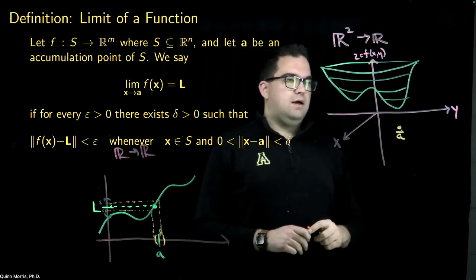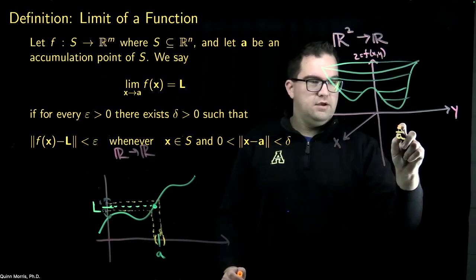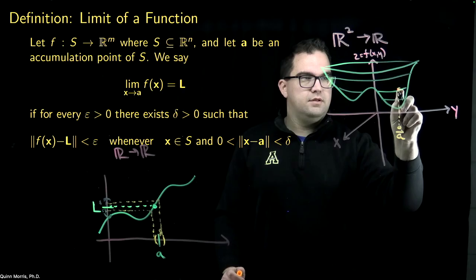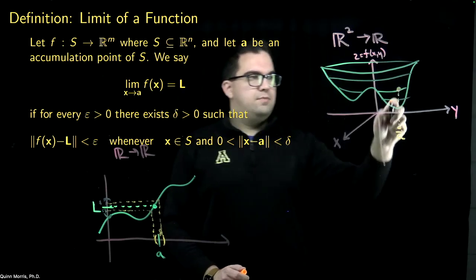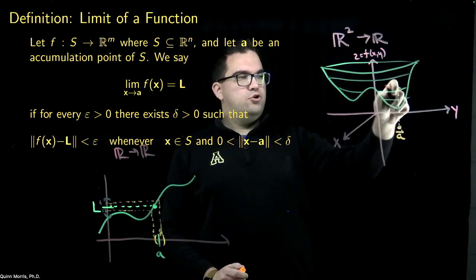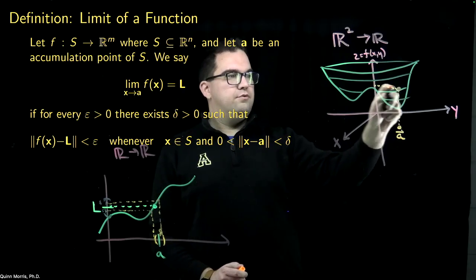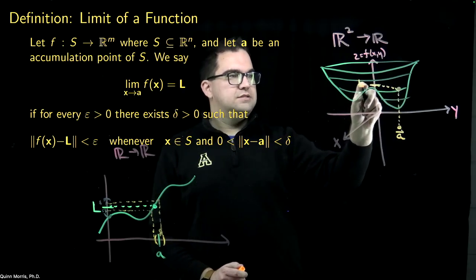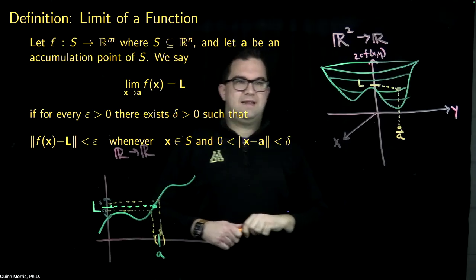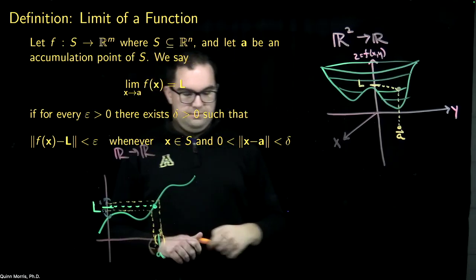Okay, so here I could think about going up to, so maybe I think that my limit value is this height here. So whatever this height is, L, I think that is the limit value, okay?